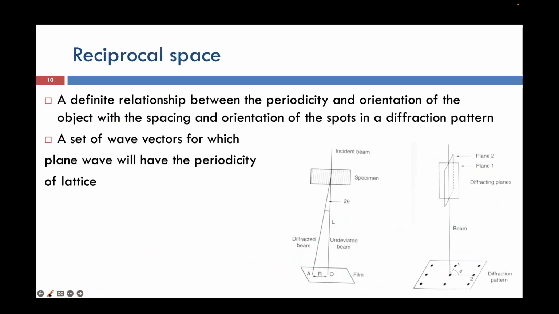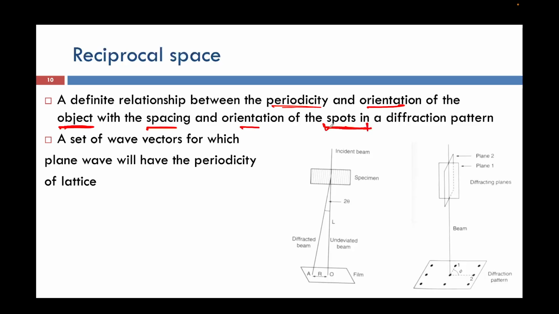And this diffraction pattern we always get in reciprocal space, right? In the reciprocal space there is a definite relationship between the periodicity and orientation of the object and the spacing and orientation of the spots.